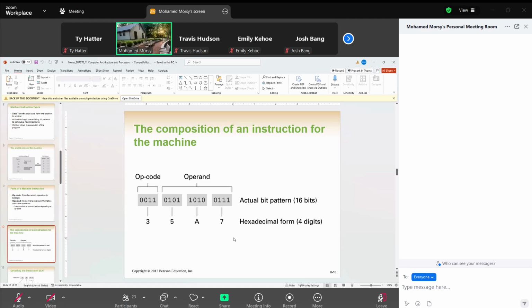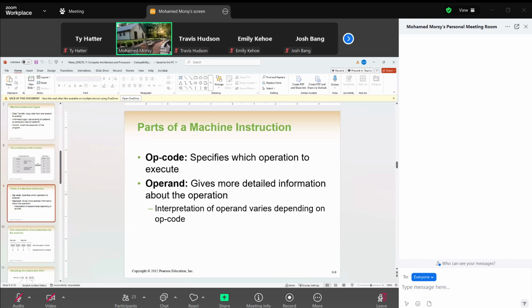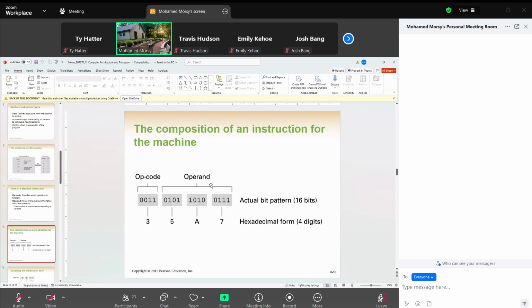So the composition of an instruction for the machine, as we see here: the first part is the opcode, and this is the operand. The total number of bits for the instruction is 16 bits. 4 bits are for the opcode and the rest for the operand.